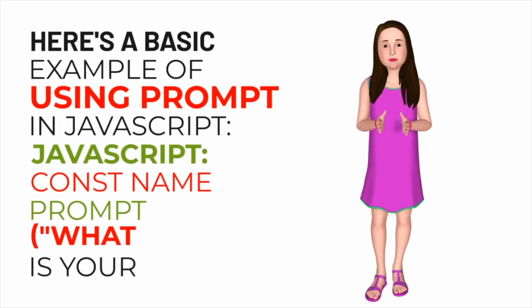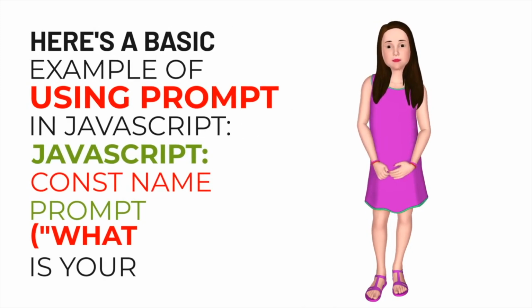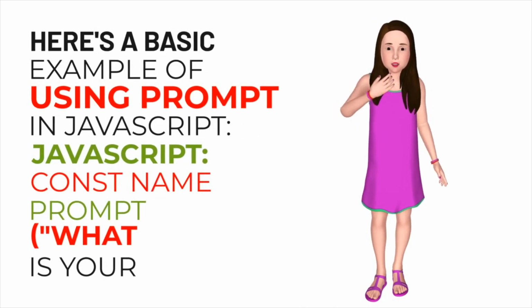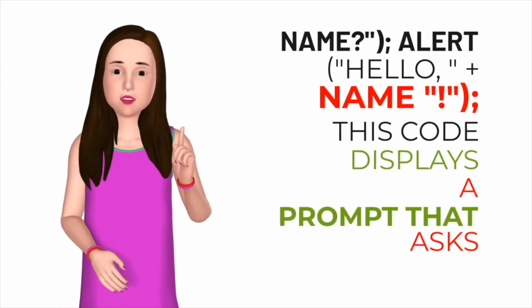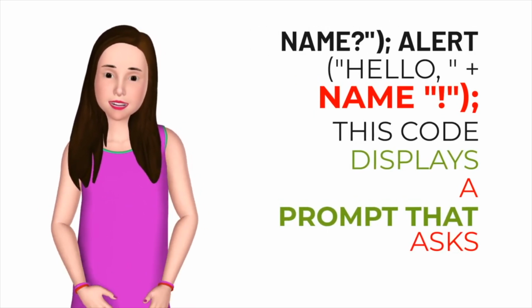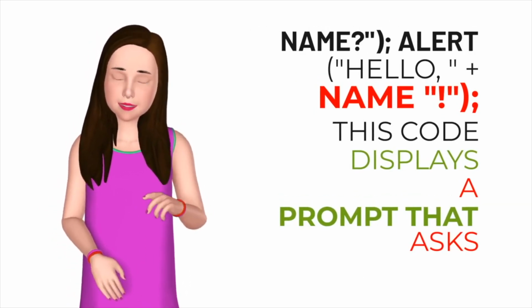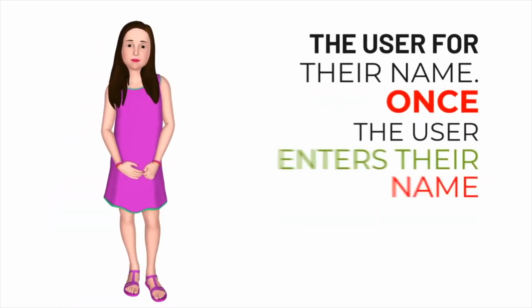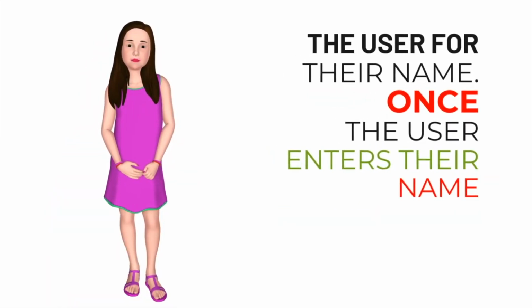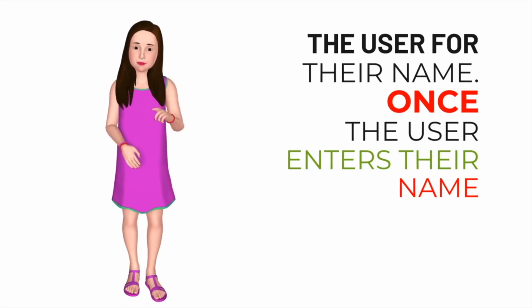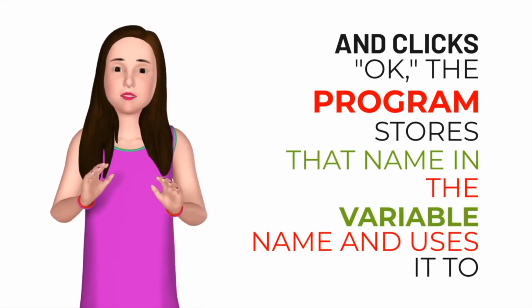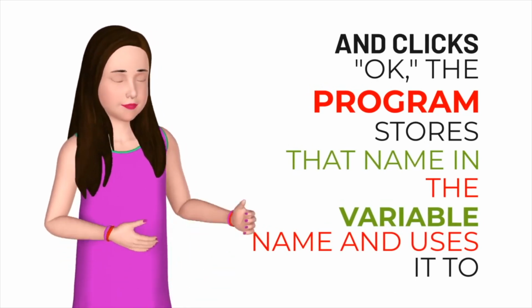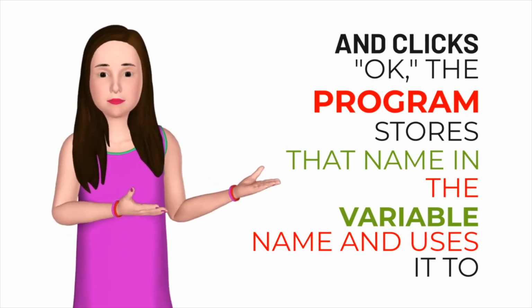Here's a basic example of using prompt in JavaScript. const name = prompt("What is your name?"); alert("Hello, " + name); This code displays a prompt that asks the user for their name. Once the user enters their name and clicks OK, the program stores that name in the variable name and uses it to greet the user.